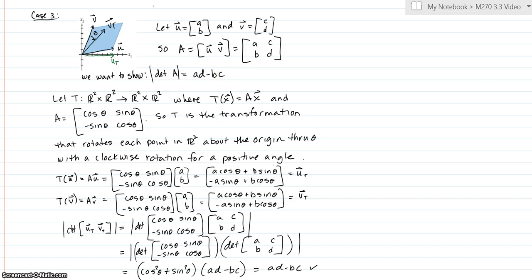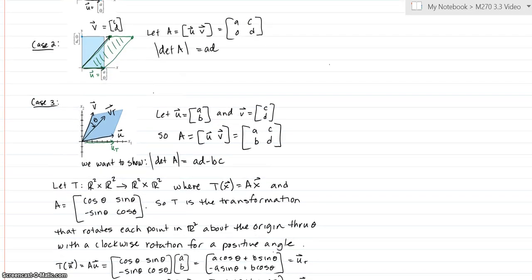Pretty interesting. Oh, and by the way, we know that because of case 2. We proved that the area of a parallelogram when it goes through the origin is the determinant. So we have it.